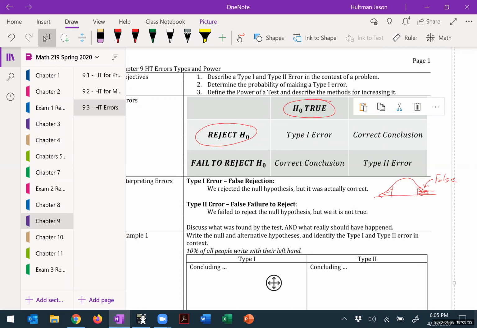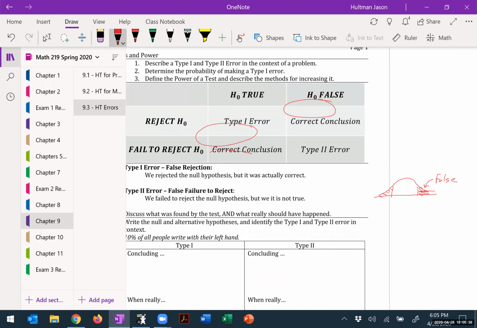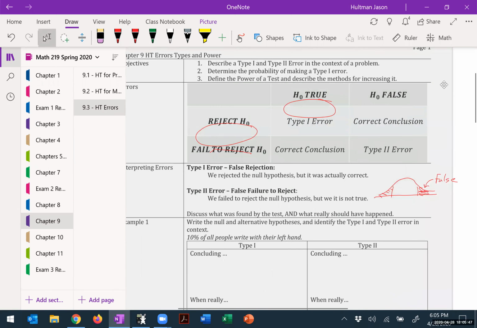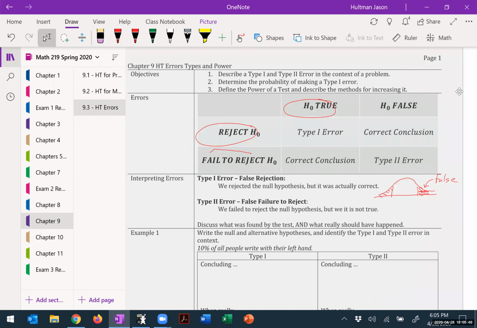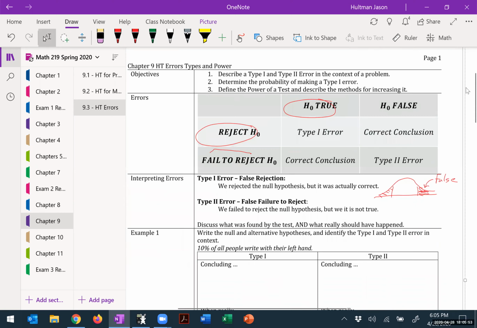The other type of error is that we fail to reject the null when it actually is false.